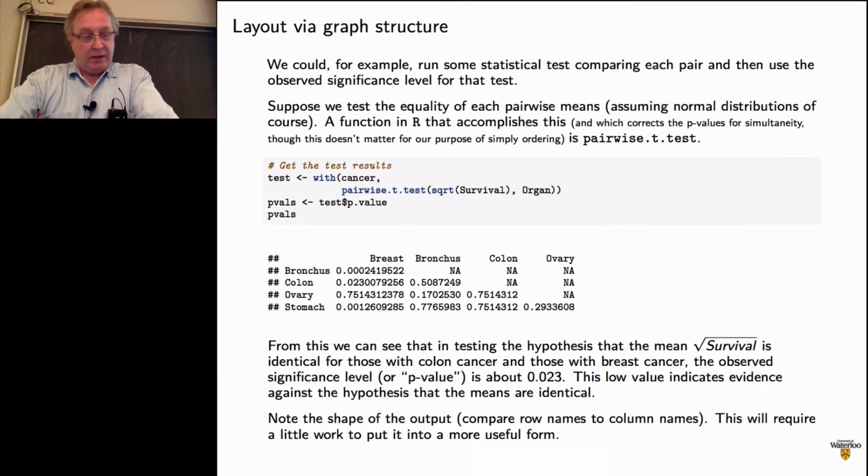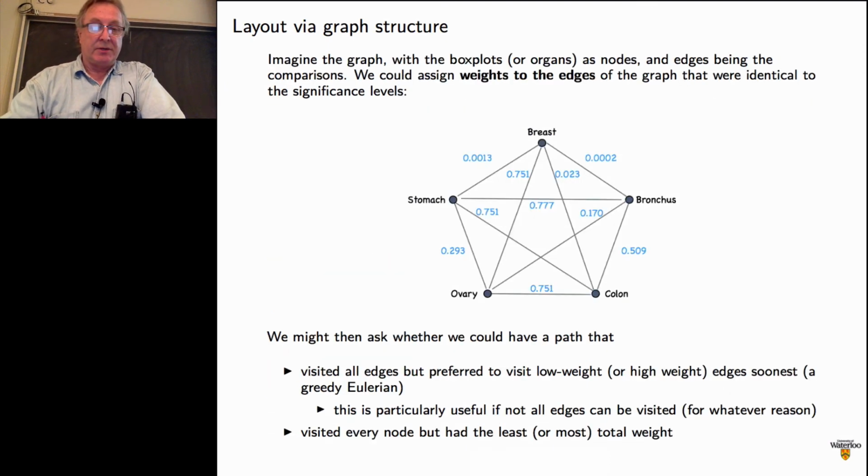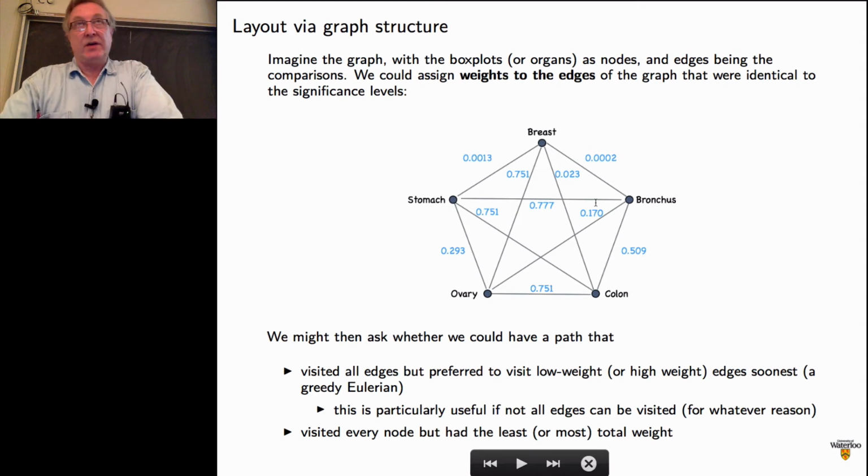Okay. And we finished last day looking at how we could do t-tests, for example, for every pair of samples. In this case, every pair of organs that we're looking at in this data set, this square root of survival times, and get the p-value associated with that. And with a little bit of work, which is just turning that into a symmetric matrix, we can apply the p-values to the edges.